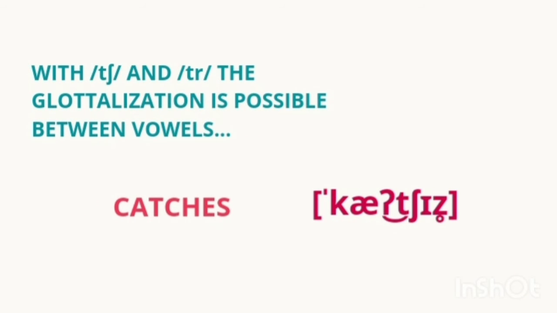But in this case, when we have these two sounds, the glottalization is possible between vowels. For example, in the word catches, we have the sound sh between two vowels, so the glottalization is possible.